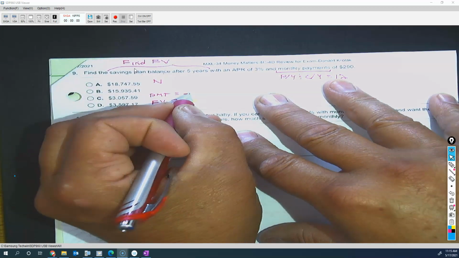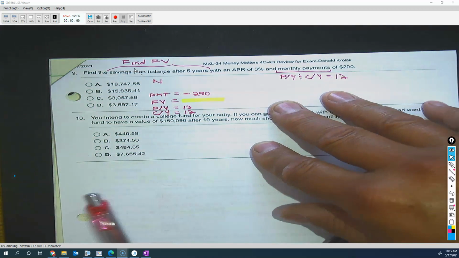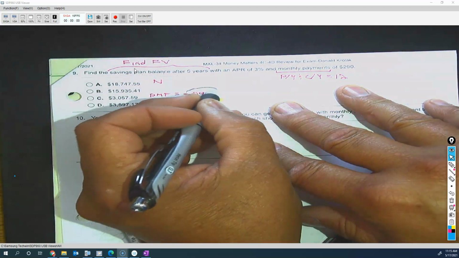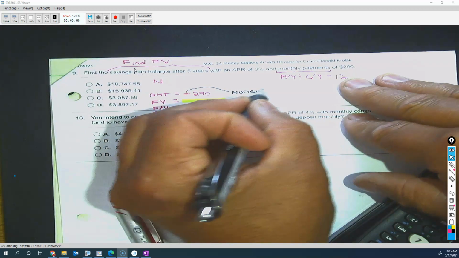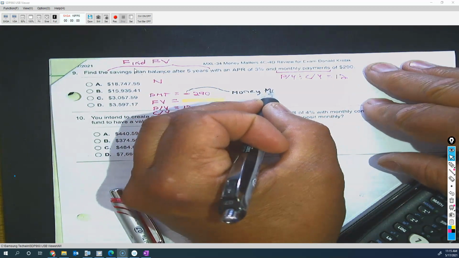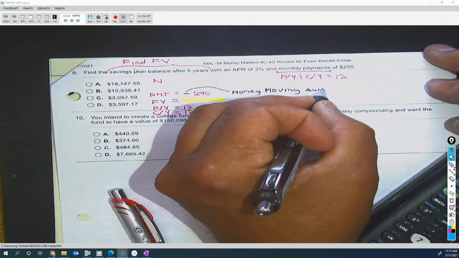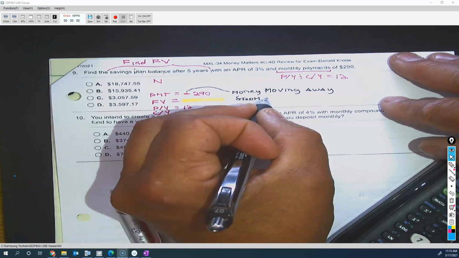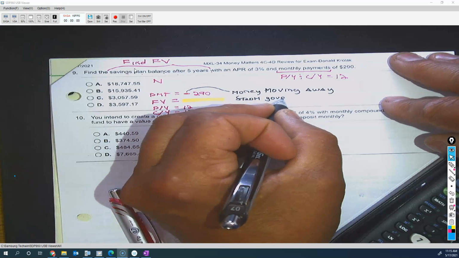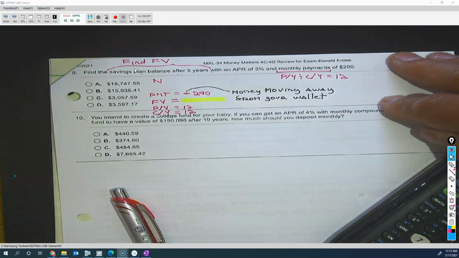Payments are going to be negative 290. That negative means the money's moving away from your wallet.